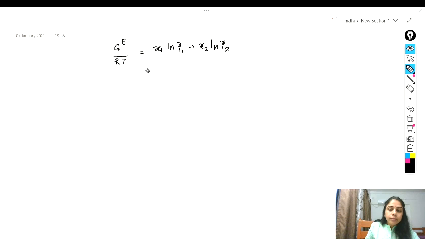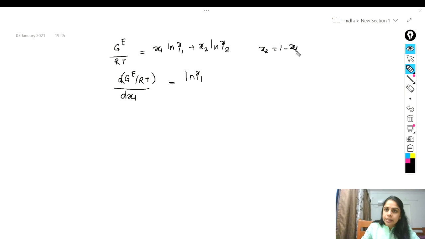So here, differentiate this equation with respect to x1. So d(GE/RT)/dx1 is equal to x1 times the differentiation of ln gamma 1, and here 1 minus x2 you need to convert to 1 minus x1.